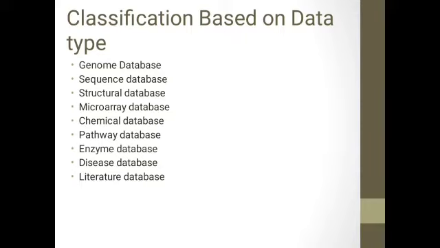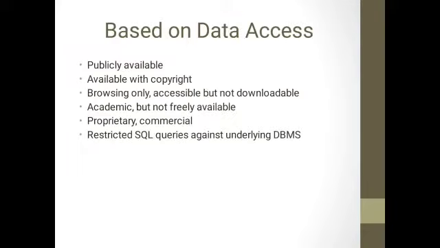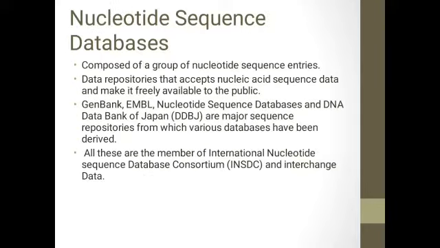First, genome database, sequence database, structure database, microarray database, chemical database, pathway database, enzyme database, disease database, and literature database. On the basis of data access: publicly available, available with copyright, browsing only, academic but not freely available, proprietary, commercial, restricted SQL queries against the underlying database management system.